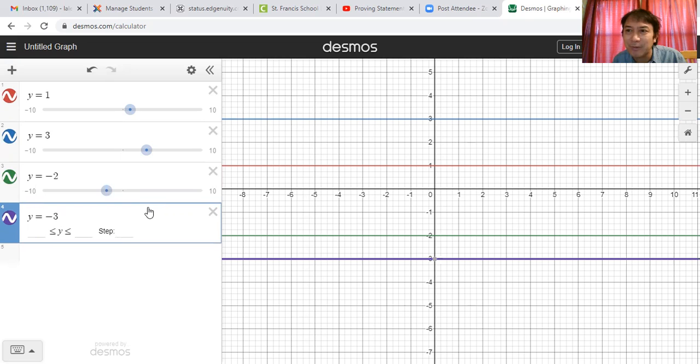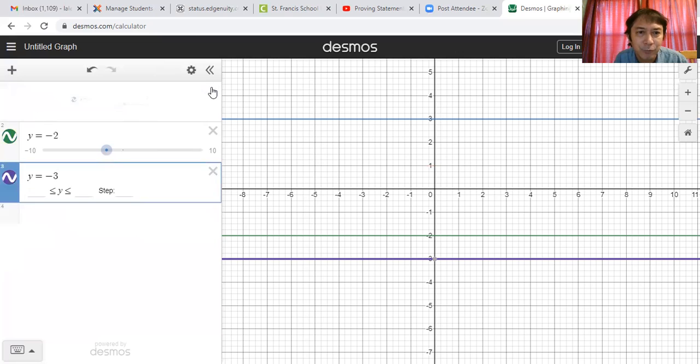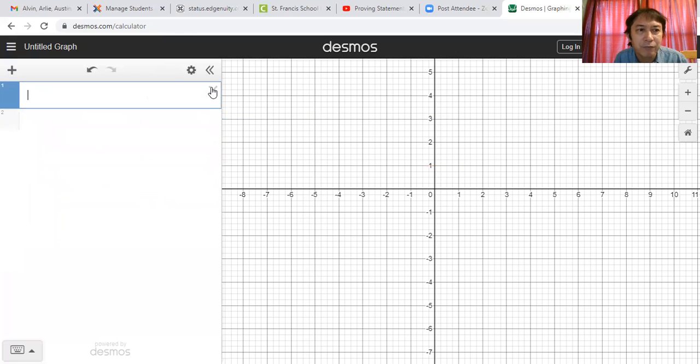So this is how to write the equations when lines are perfectly horizontal. y equal to a number, and that number is the y-intercept. How about if the lines are vertical? All right, let me show that. If the lines are vertical, then it will be x equal to a number.